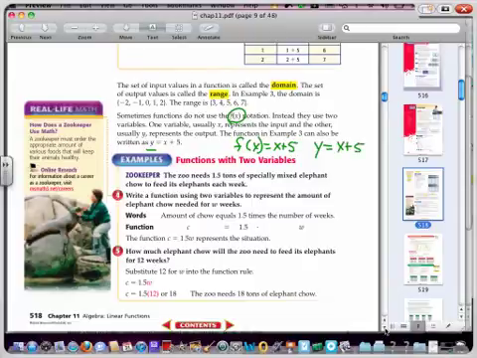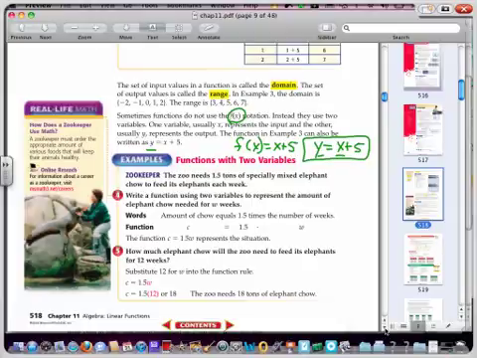Both of those are meant to represent the same thing. So let's take a look at an example kind of similar to that, where we write an equation using two variables. That's the difference between what we've been doing and what we're doing now: we now have two variables, and one variable depends on what you put in for the other variable.